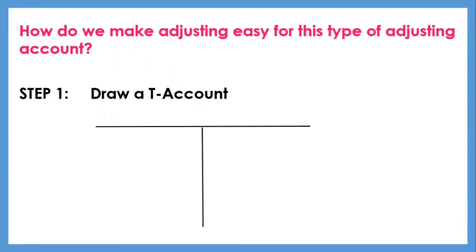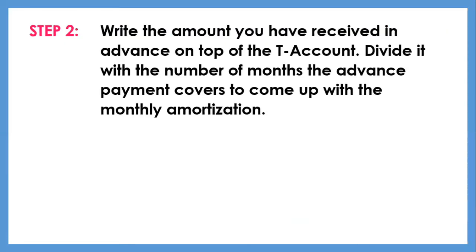Now, like the prepaid expenses, the first step that we need to do is to draw a T account. And the second step, we need to write the amount you have received in advance on top of the T account and divide it by the number of months the advance payment covers to come up with the monthly amortization.